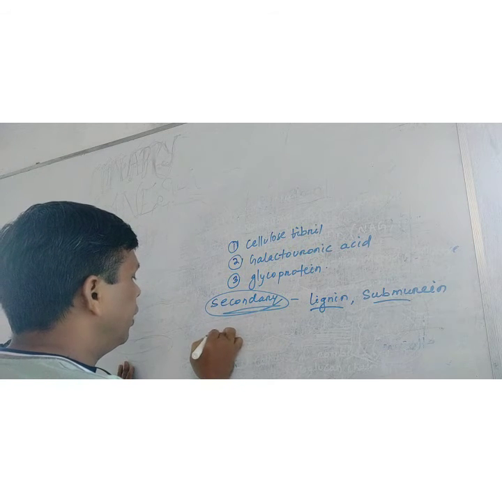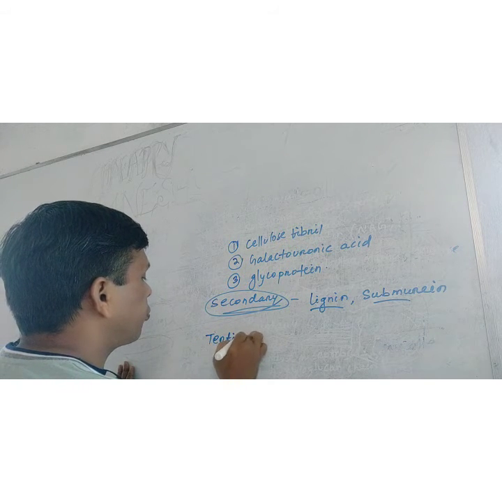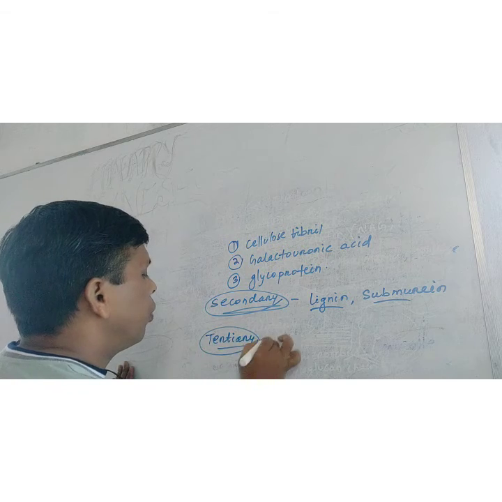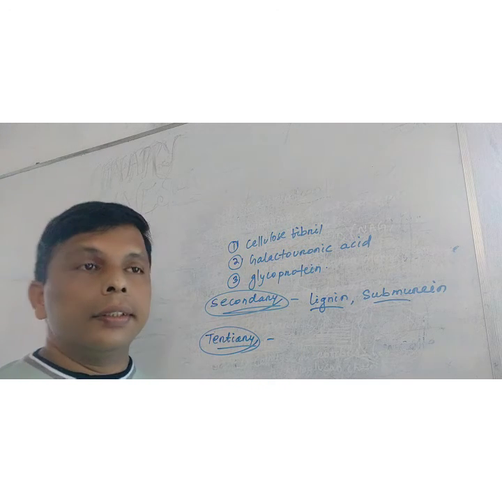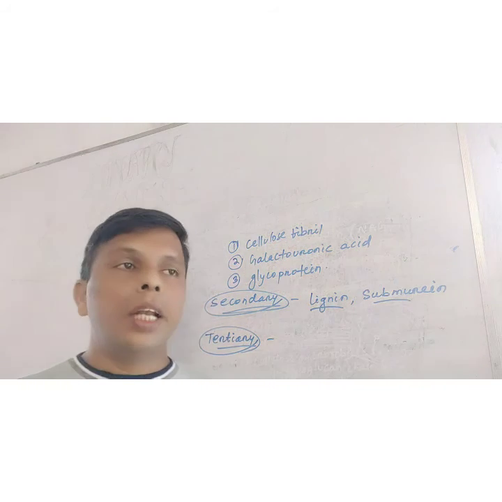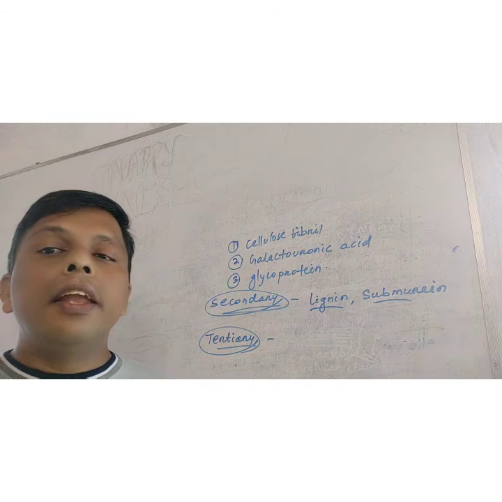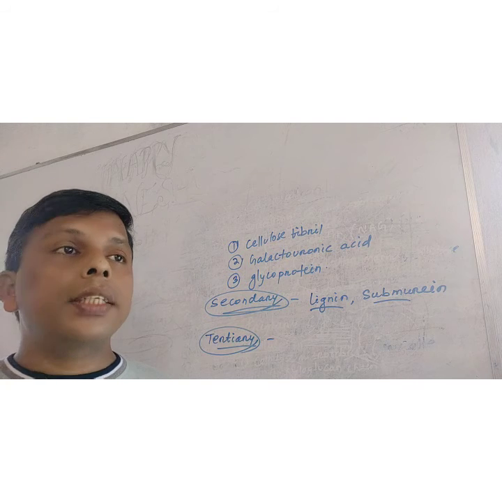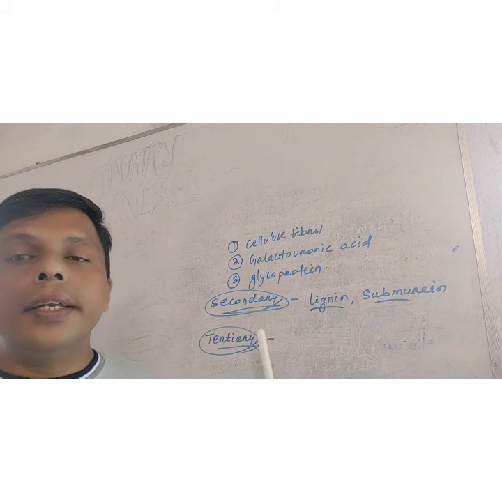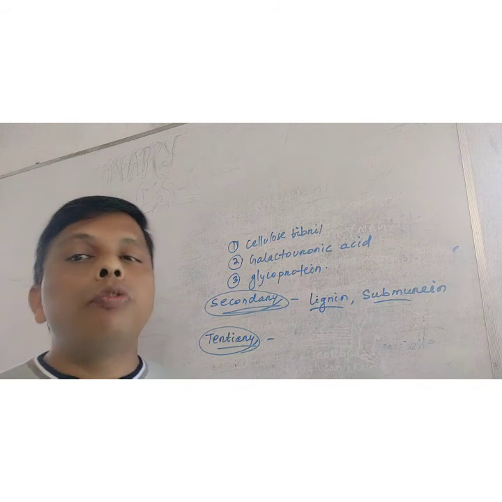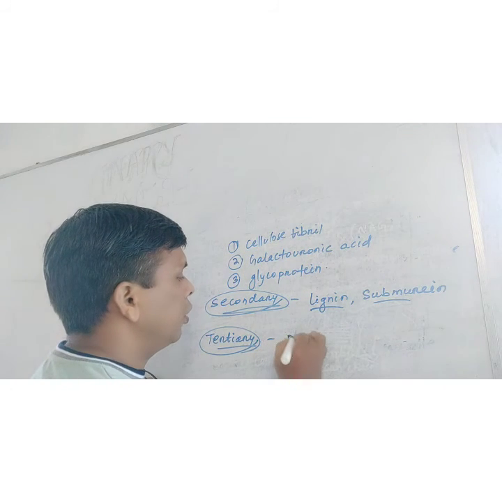Then tertiary. What is the tertiary cell wall? The tertiary cell wall is deposited in a few cells, not found in all cells. It is the dried residue of protoplasm.